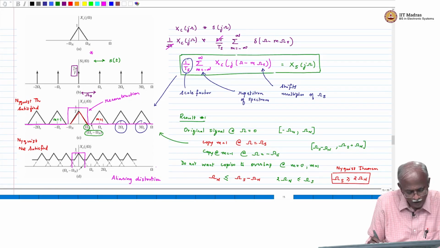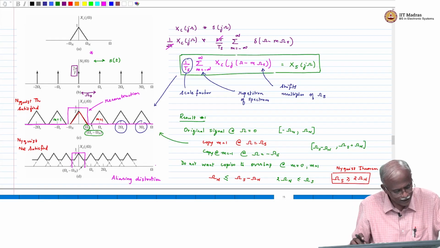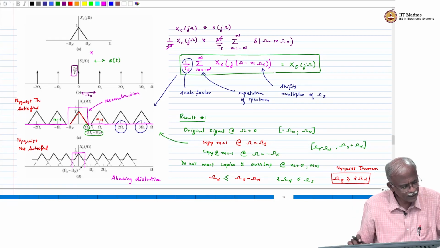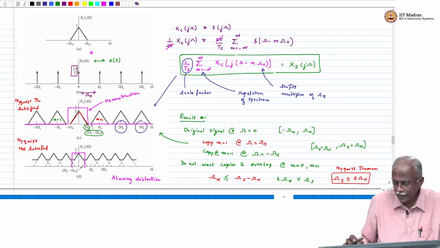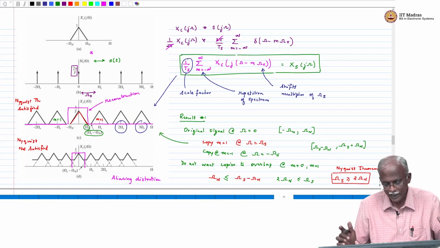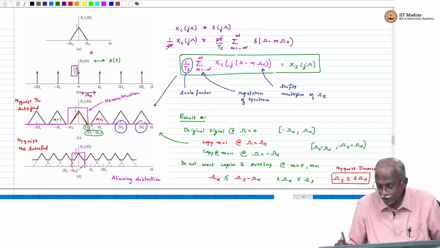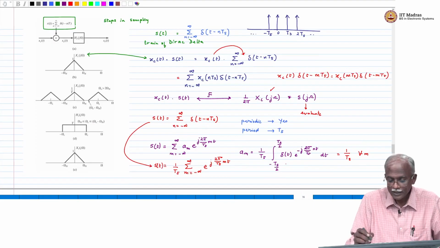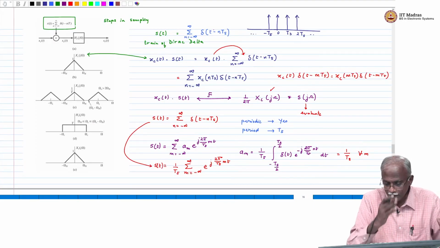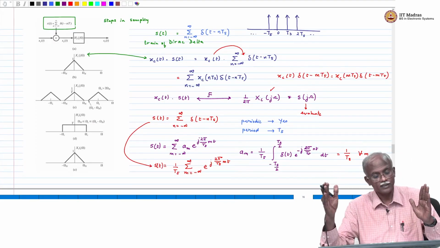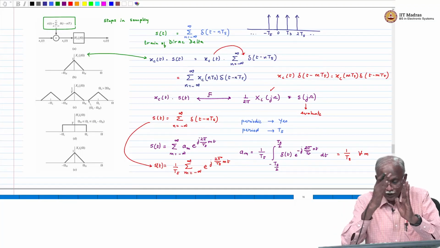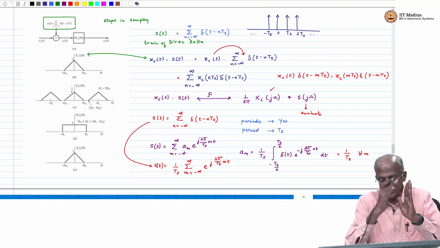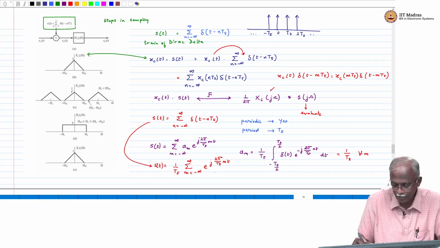Okay, very important results that we have covered in today's class, and let me sort of summarize it for you. Now, we started off by saying that we would look at a train of Dirac deltas. We said that it is a periodic signal, so we can write down the Fourier series representation.